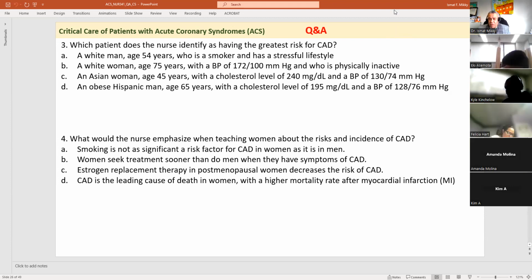And women also have a much higher mortality rate within 1 year following the acute MI compared to men. Smoking carries specific problems for women because smoking has been linked to decreased natural estrogen levels and early menopause.